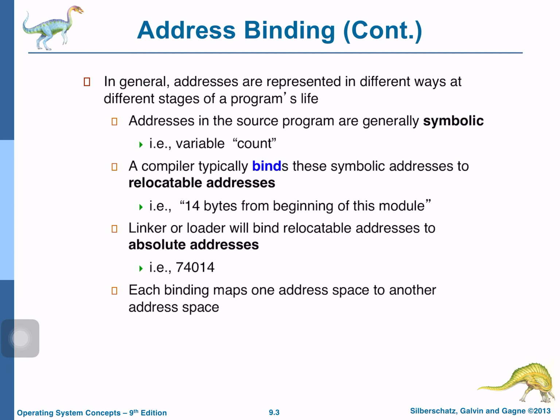That is the relocatable address. The linker or loader will bind the relocatable address to an absolute address. The absolute address is the actual address in the physical memory. Each binding maps one address space to another address space. So address binding is when these addresses are mapped, or bound, to the physical address in memory.